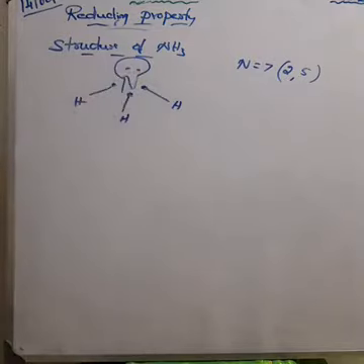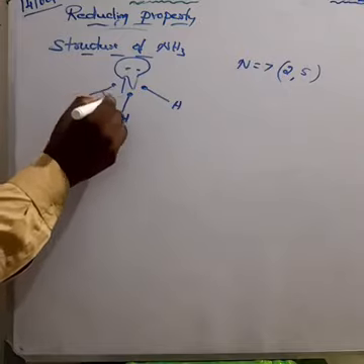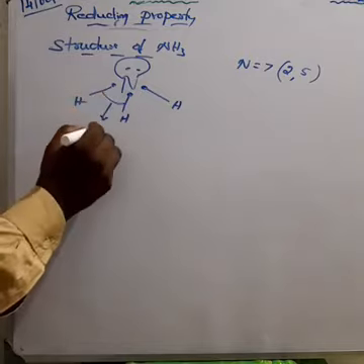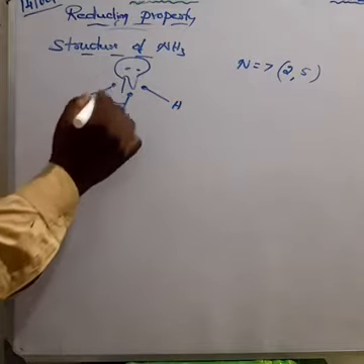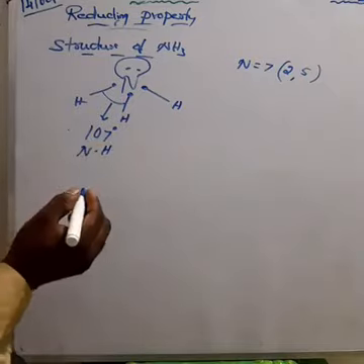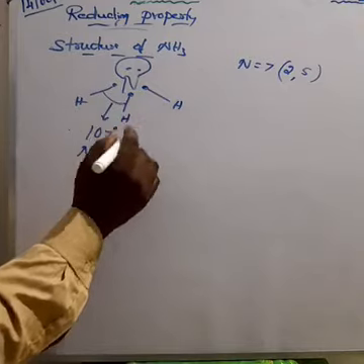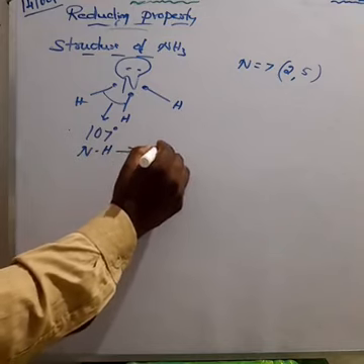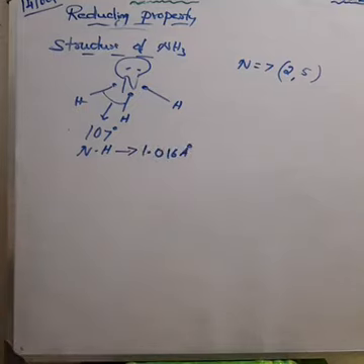Anyhow, one of the important points, what is the bond angle between one hydrogen atom and another hydrogen atom? 107 degrees. And about nitrogen hydrogen, here nitrogen hydrogen, nitrogen hydrogen, the bond distance is 1.016 Angstrom unit.